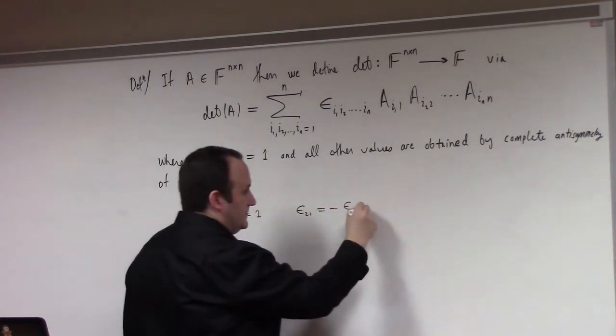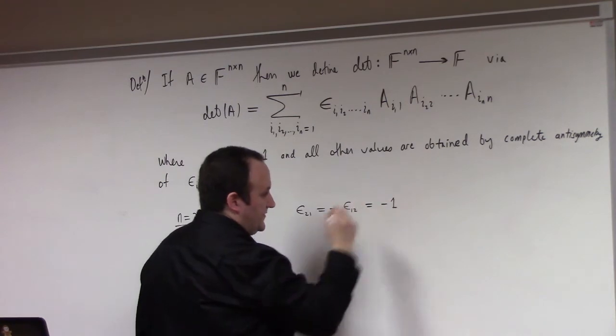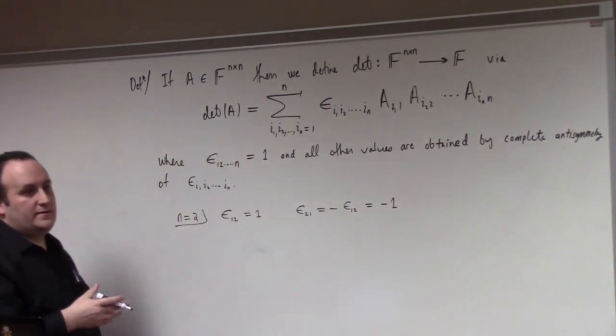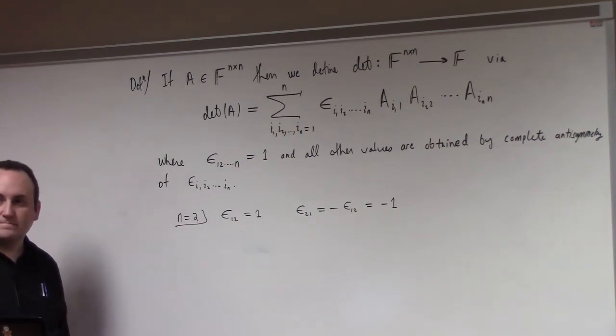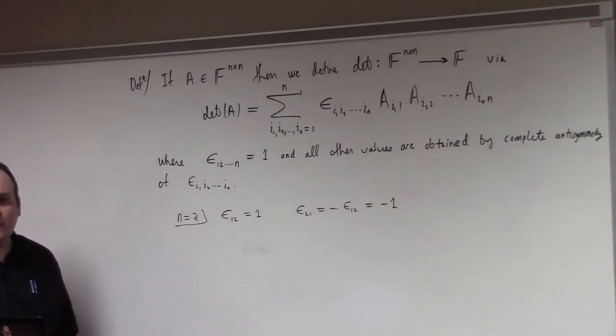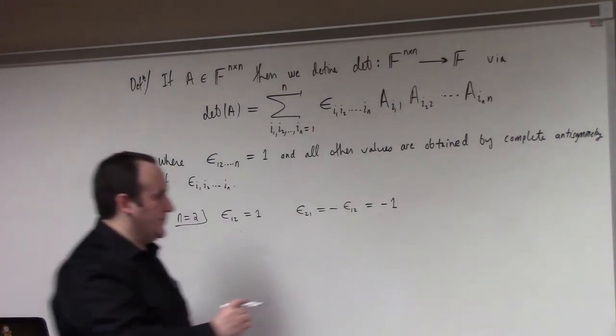But that's equal to minus 1, right? What did we learn about the diagonal of an antisymmetric matrix? Remember? It's 0, right? So if we have antisymmetry in a pair of indices, it forces those components to be 0. So by definition, epsilon 1, 1 and epsilon 2, 2 are both 0.